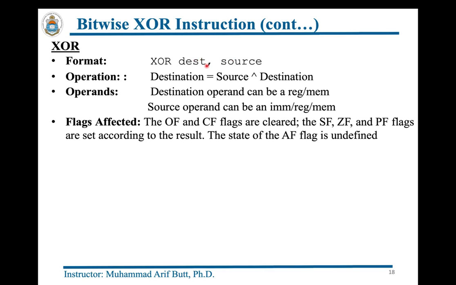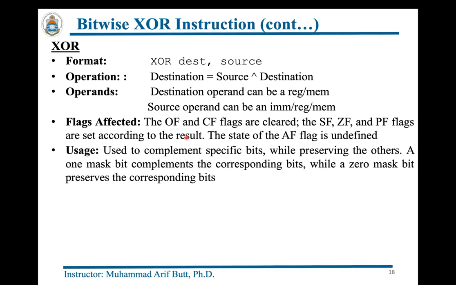I think we have done this in the previous pre-mid part of the course many a times. Flags are shown over here, and as far as the usage of the XOR instruction is concerned, it is used to complement specific bits while preserving the others. A 1 mask bit complements the corresponding bits while a 0 mask bit preserves.